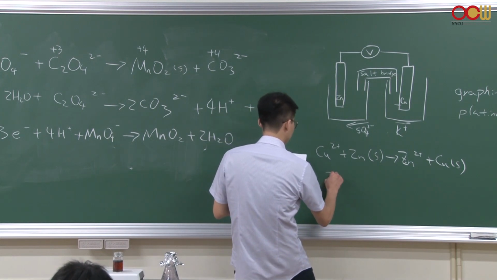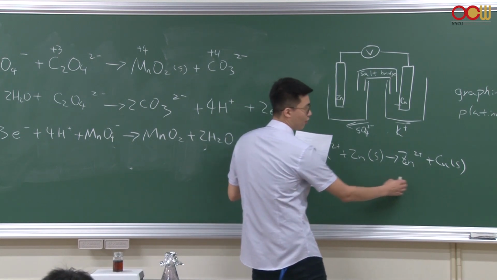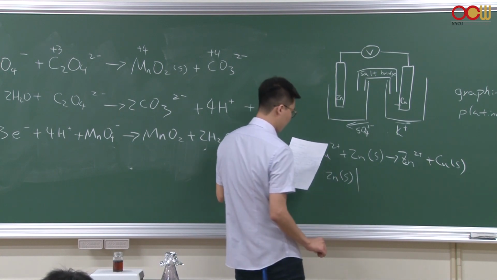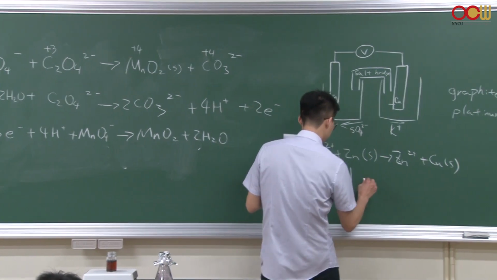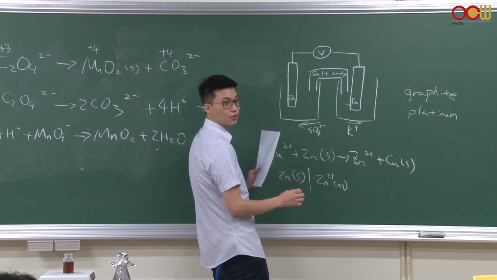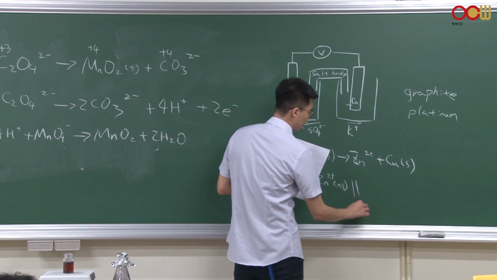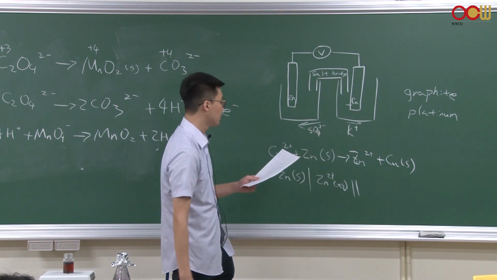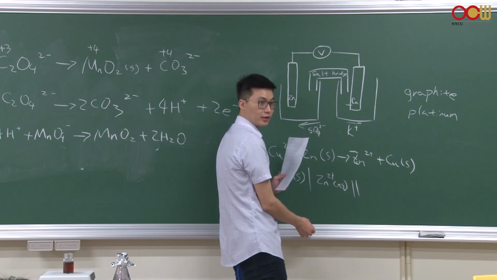They will write, on the far left and far right, your electrode material. And then it will have one line here separated and then say what's in solution. And then when you get to the other side, where the oxidation happened, where reduction happened, you use this double line to separate them.